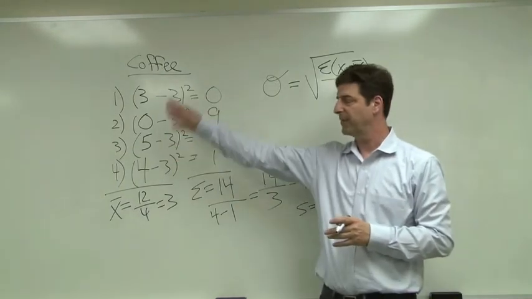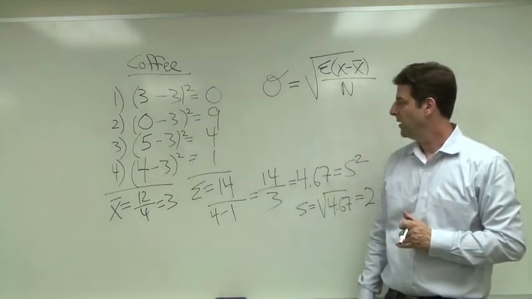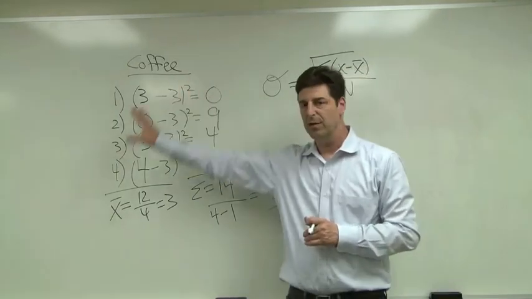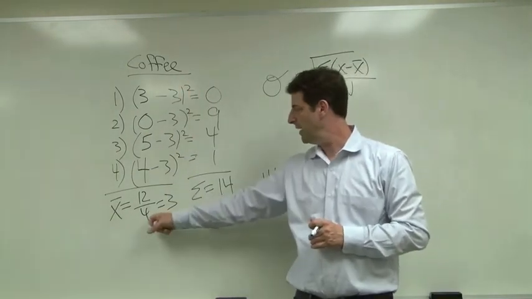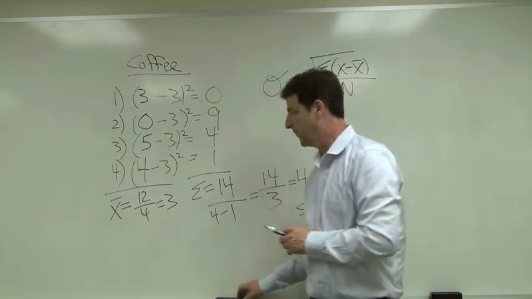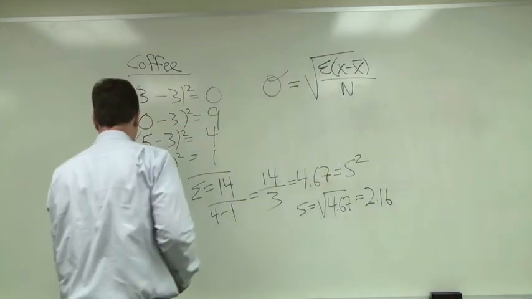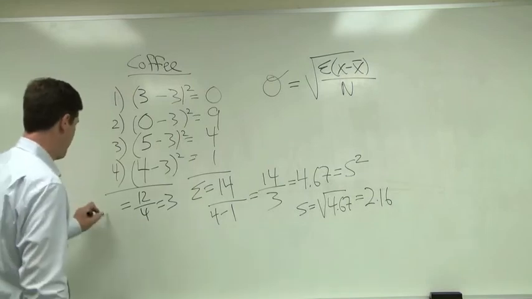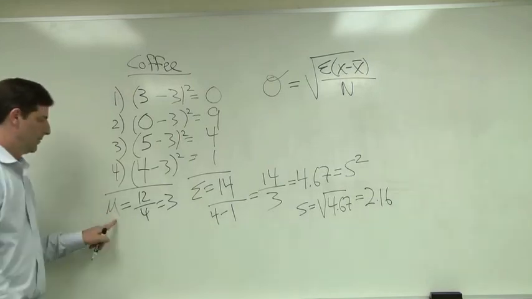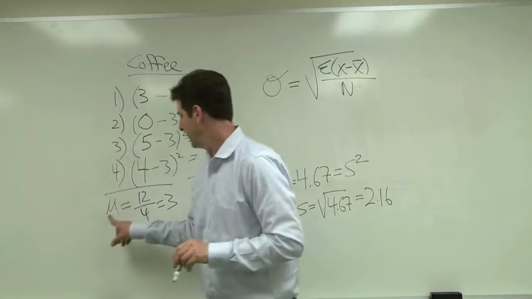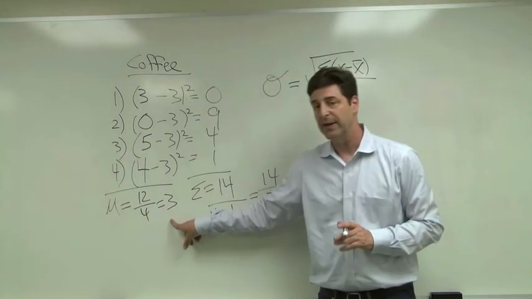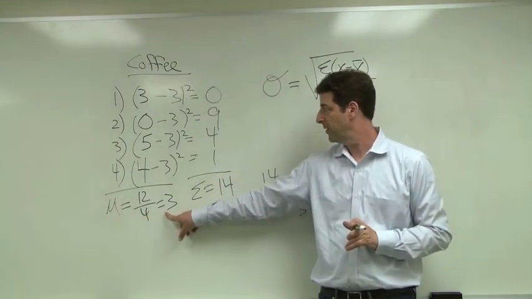If we treat this as a population, you'll notice that none of this part changes. The mean would still be the same. The symbol for the mean would look different. The symbol is now mu, but the actual mean itself stays the same. The mean will still be 3.